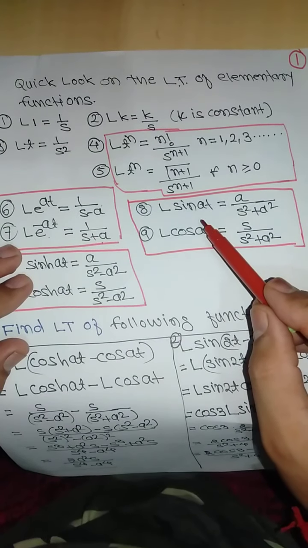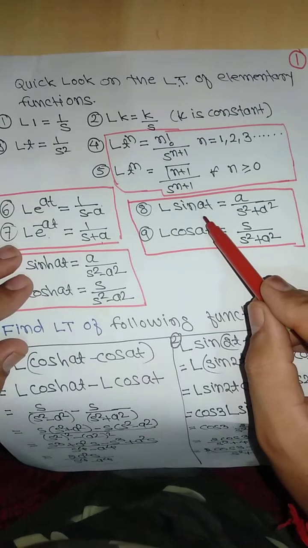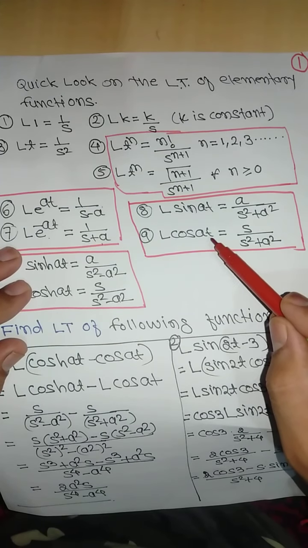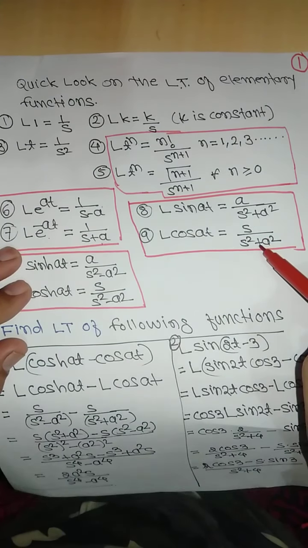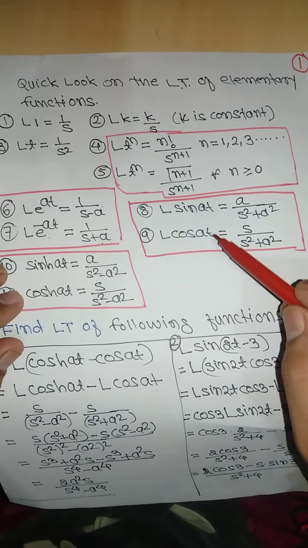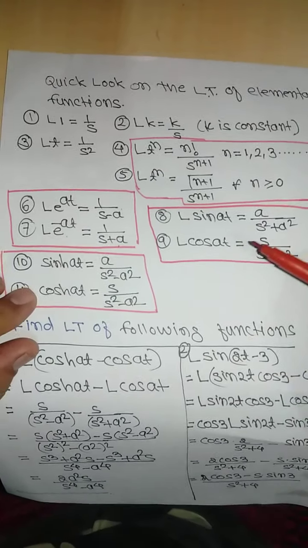Then we talk about the Laplace transform of sine of at, which is a upon s square plus a square, and the Laplace transform of cos of at, equal to s upon s square plus a square. This is the Laplace transform of the trigonometric functions sine of at and cos of at.